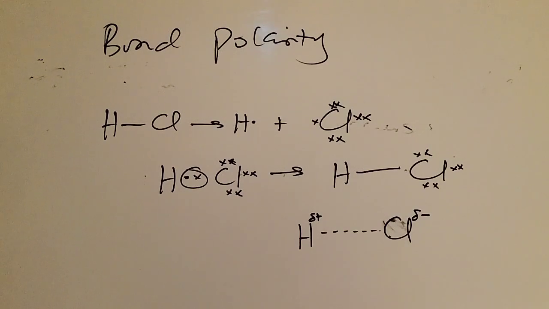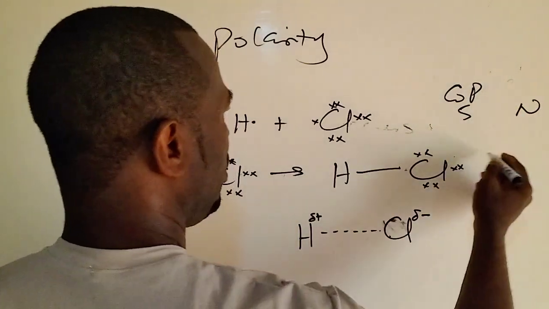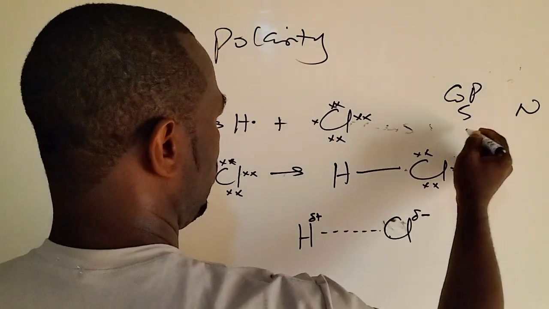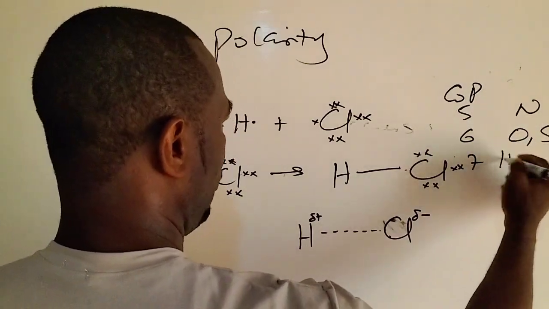So you see that, how to predict polarity is easy. Sometimes you may predict by looking at the position of the element in the periodic table. For instance, hydrogen is bonded to an element in group 5, like nitrogen, or in group 6, like oxygen or sulfur, or in group 7, like the halogens.